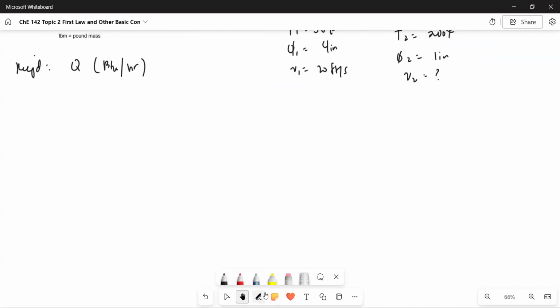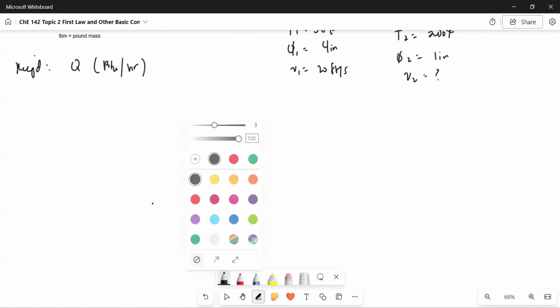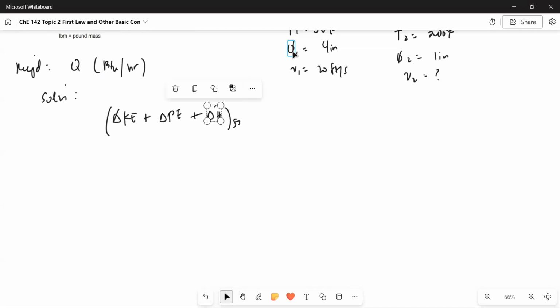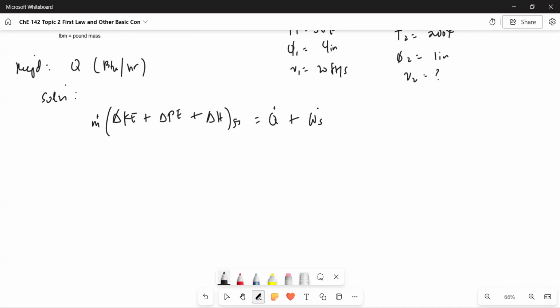This is a steady state device. So we use the steady state energy balance equation, delta KE plus delta PE plus delta H of flowing stream multiplied by m equal to Q plus work shaft.